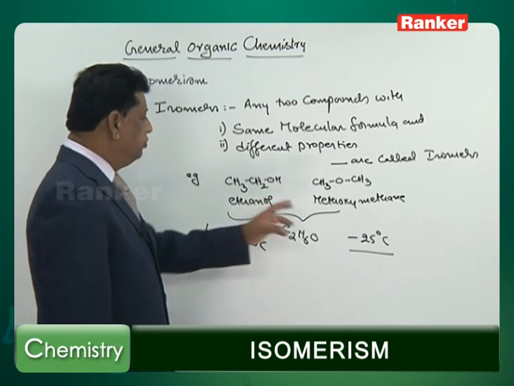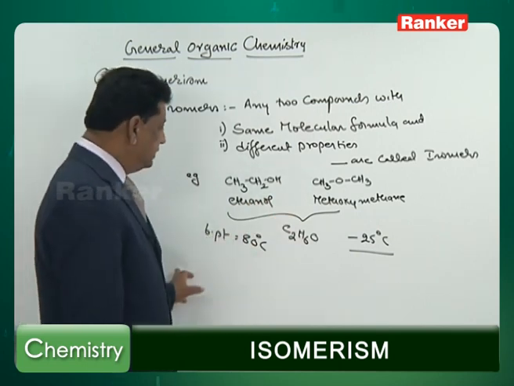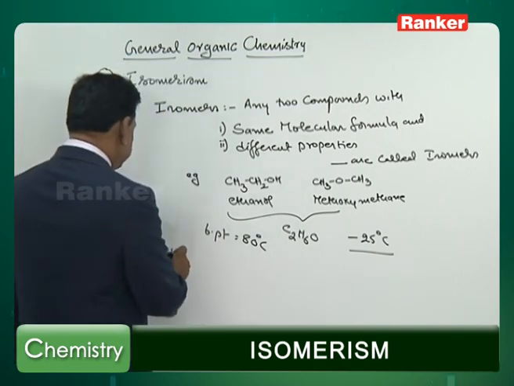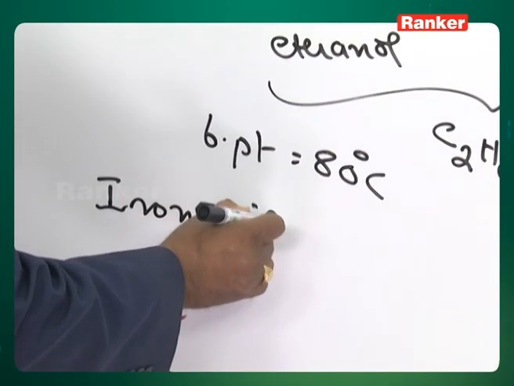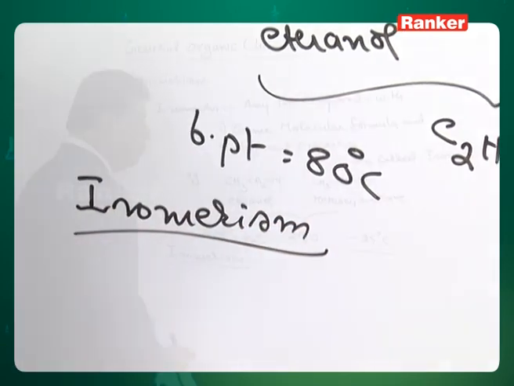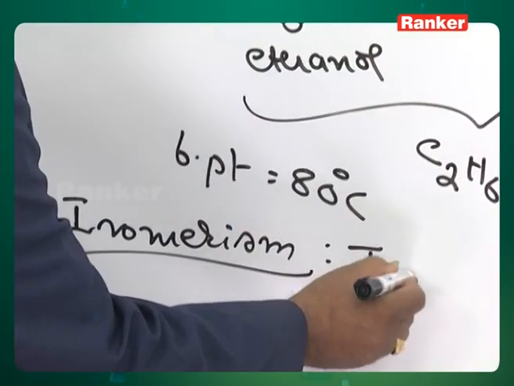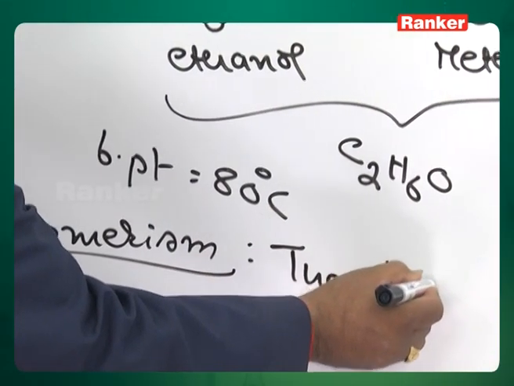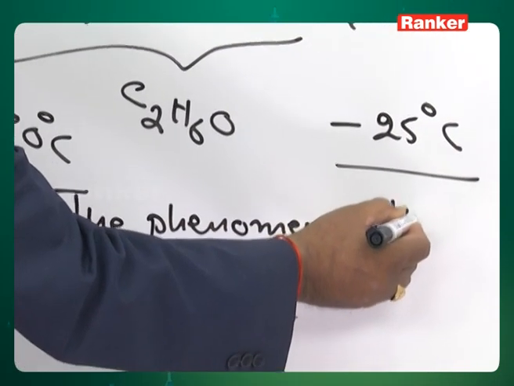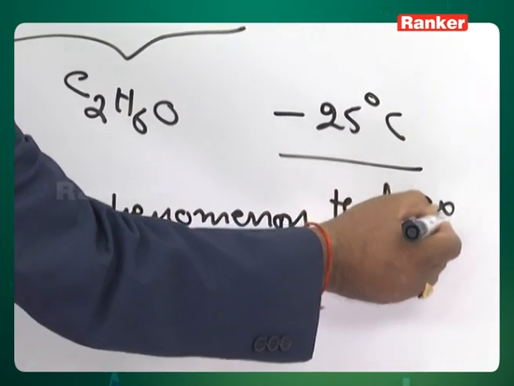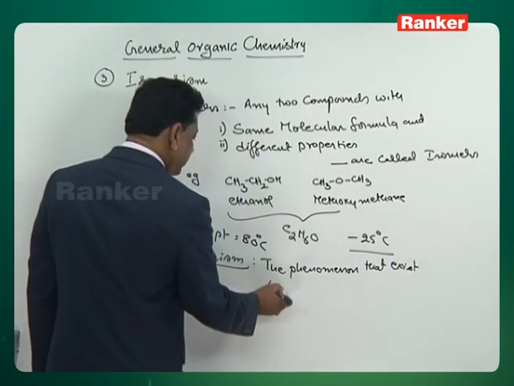Now, between these two there is some relation. What is that relation? The relation is defined as isomerism. Isomerism is the property or the phenomenon that exists between isomers.